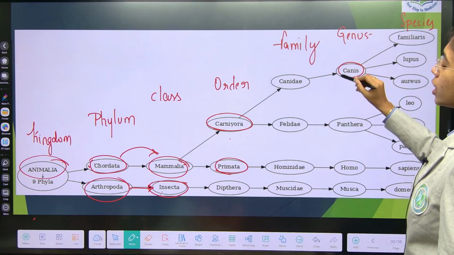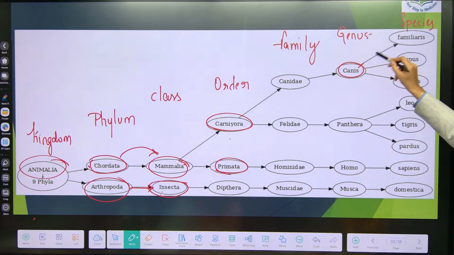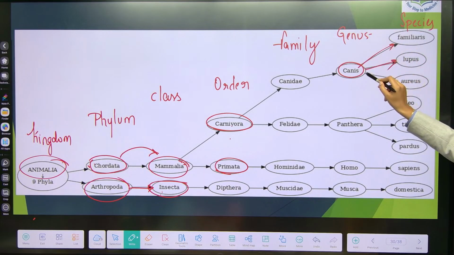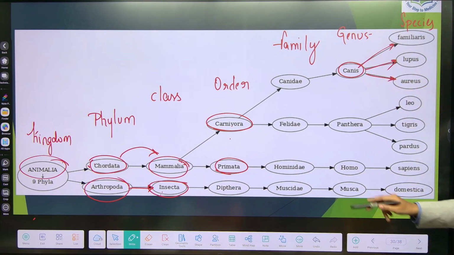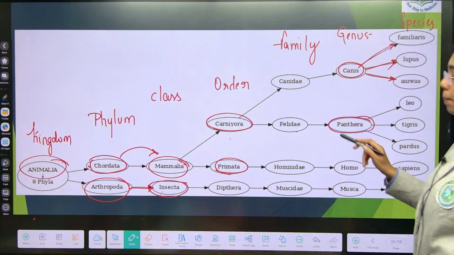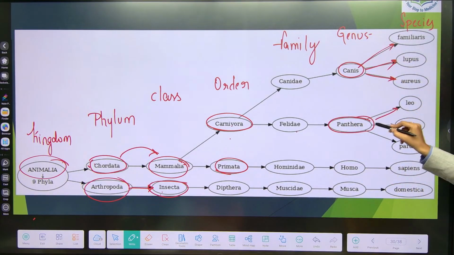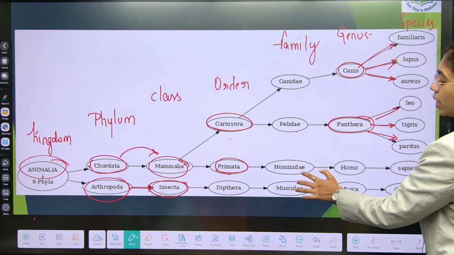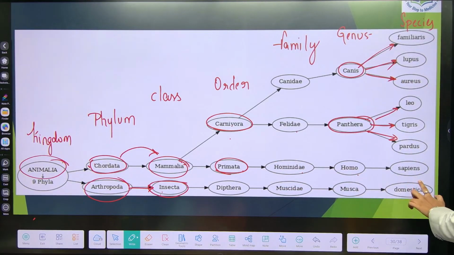We have 3 different species under Canis here: Canis familiaris, Canis lupus, Canis aureus. Felidae includes the genus Panthera, 3 different species: Panthera leo, Panthera tigris, Panthera pardus. Primata includes the family Hominidae, Homo sapiens.